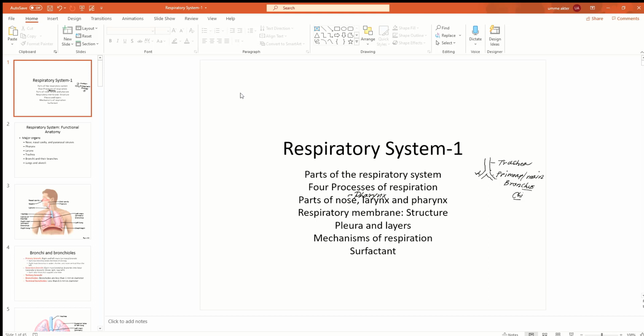Why 2? Because the right bronchus enters into the right lung, and the left bronchus enters into the left lung. And then inside the lung the bronchus divides into many divisions.